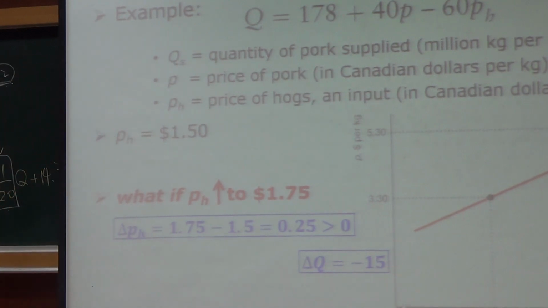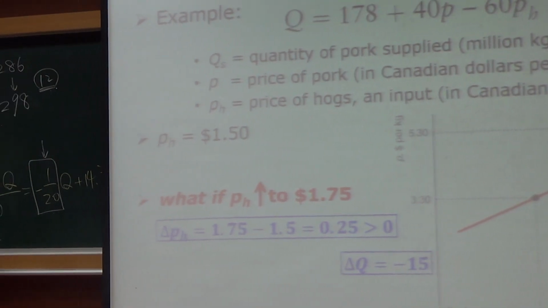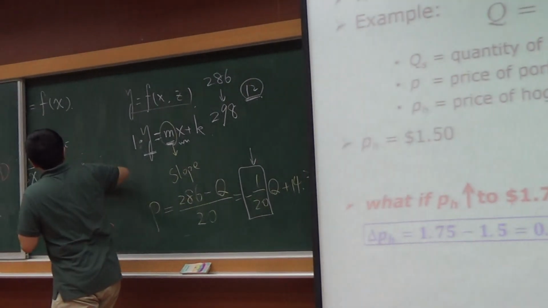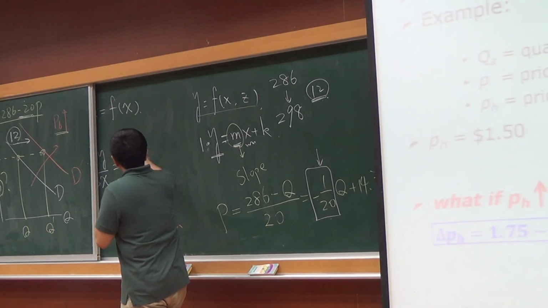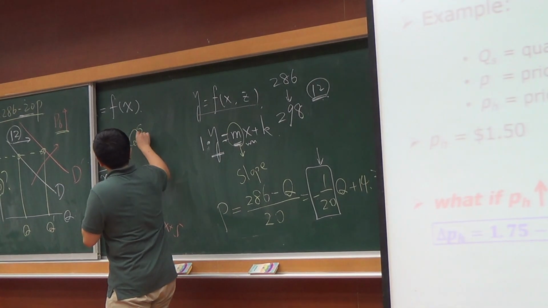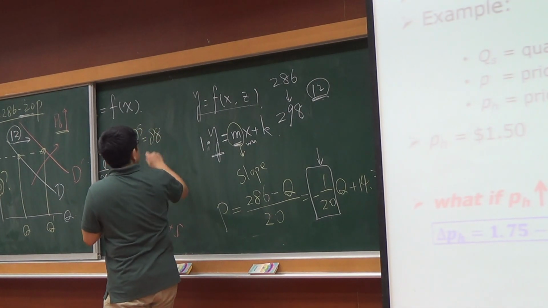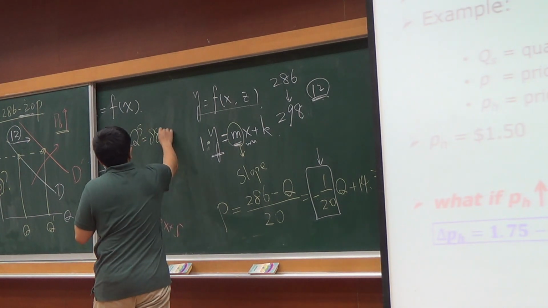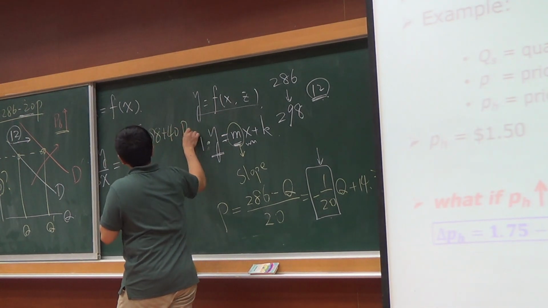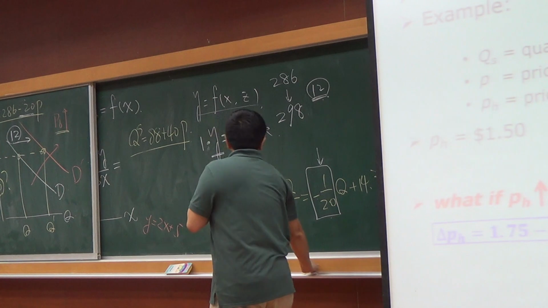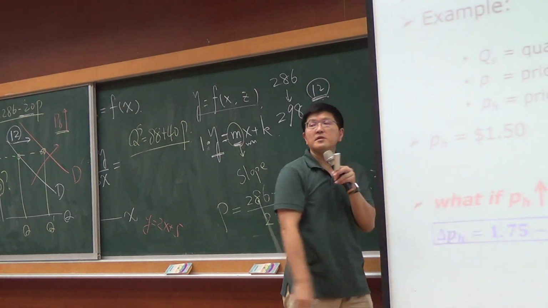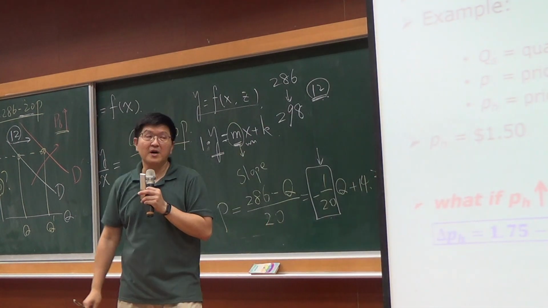The relationship would become Q supplied equals 88 plus 40P, if we set pH at 1.5.